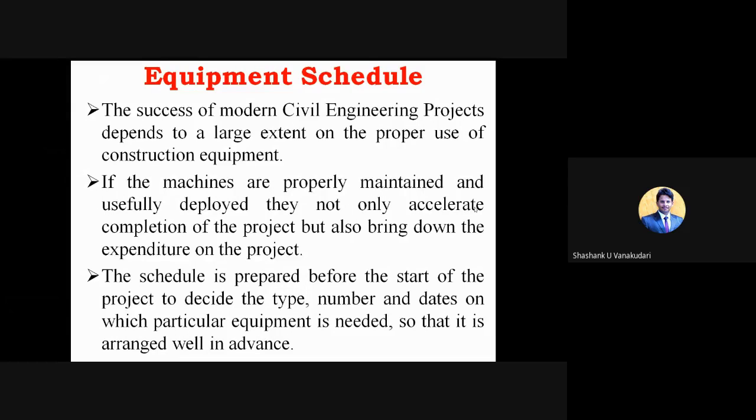Now the updated things have arrived, and instead of manpower, to complete the work with safety aspects and as early as possible, certain projects depend on this equipment. So the success of modern civil engineering projects depends to a large extent on the proper use of construction equipment.